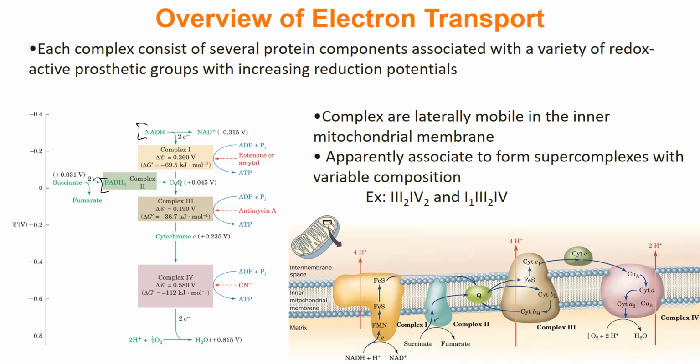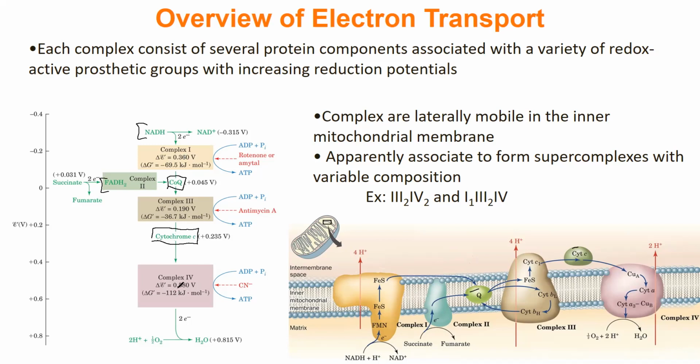These complexes then give these electrons to carriers, coenzyme Q or cytochrome C, depending where you are. These carriers, they're not enzymes, move electrons to different complexes. They're like delivery men.